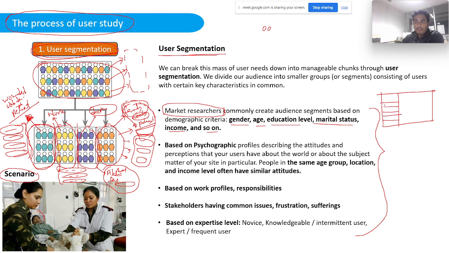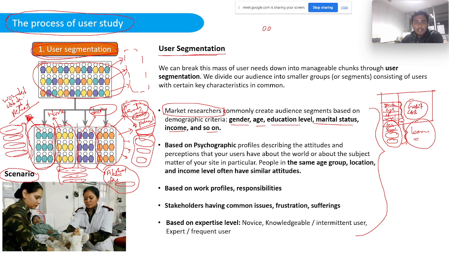You fall under some gender, some age group, some educational level, marital status, and income level. So they categorize you into a particular group and decide, okay, these are the people whom we should call for a credit card, and these are the people whom we should call for a loan. That's how they decide what to offer to which set of stakeholders.